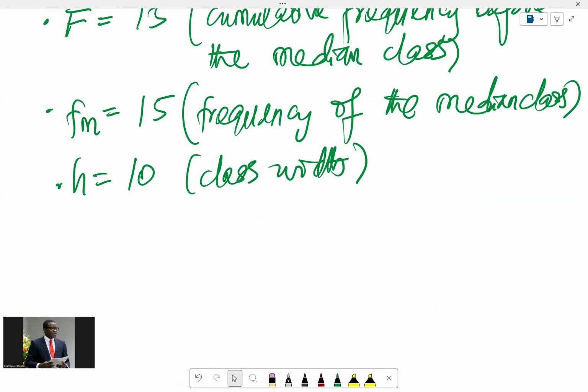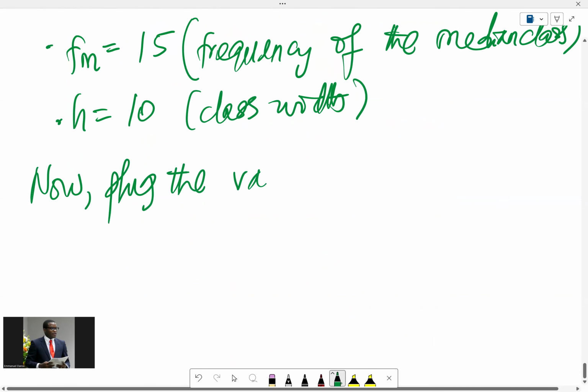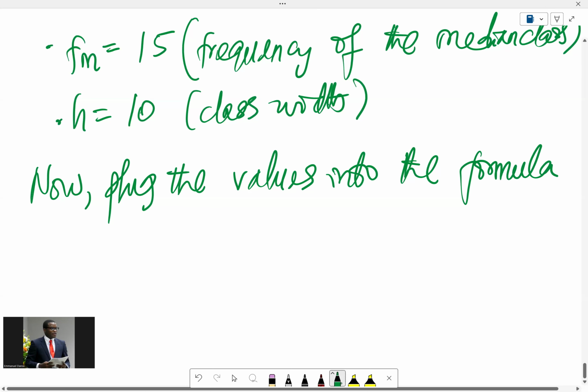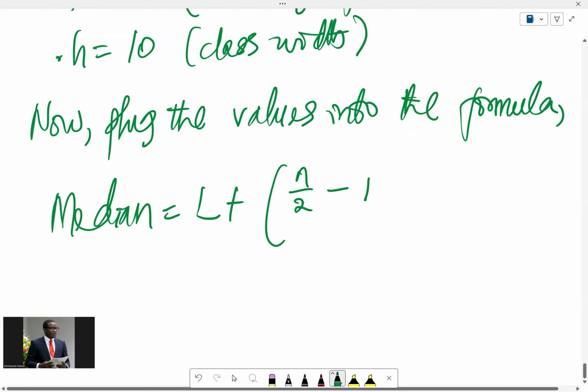All right. So now that you have everything in place, you can now plug all those values into the formula. Median, of course, again, is L plus N over 2 minus big F, all divided by fm, multiplied by H, which is the class width.